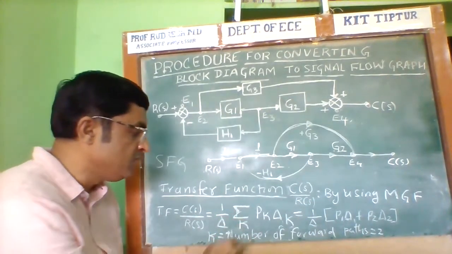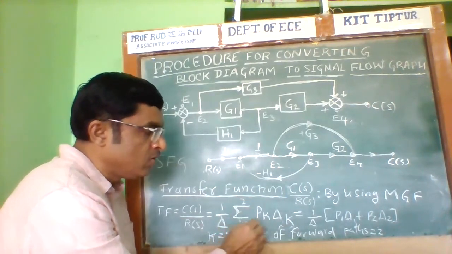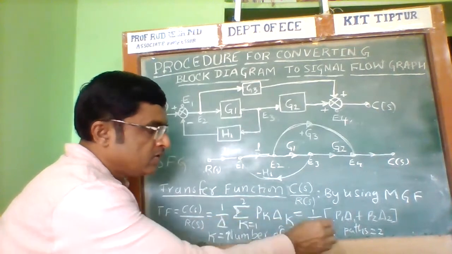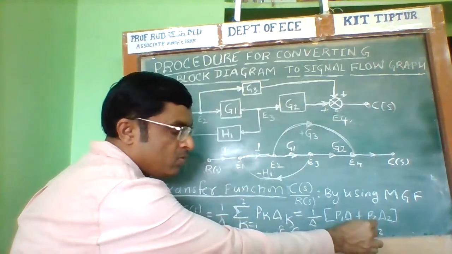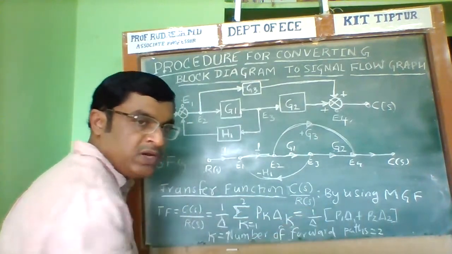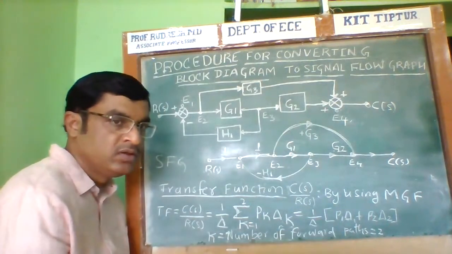K is taken from 1 to 2. Therefore, when K is equal to 1, 1 over delta as it is, so P1 into delta 1, plus when K is equal to 2, P2 into delta 2. This is the expanded equation.